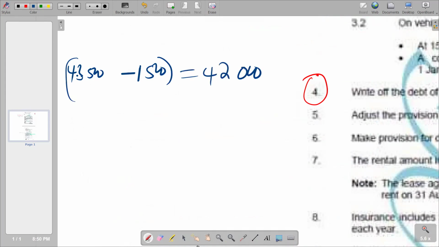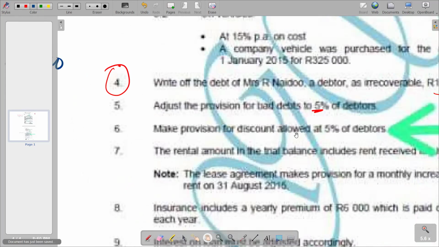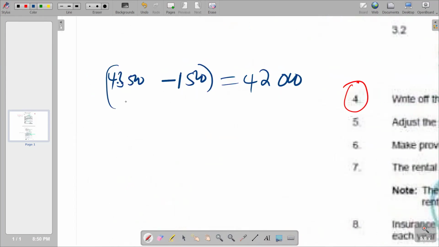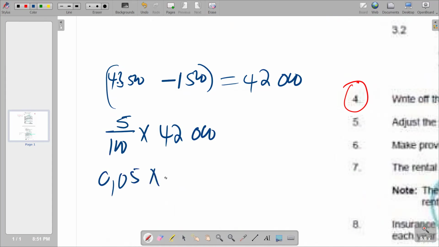And then we use the percentage that we are given here for provision for bad debts, which is 5%. So we are going to say 5% times 42,000. To simplify it, 5% is just 0.05 as a decimal. We multiply by 42,000, and the answer that you are going to get is 2,100.